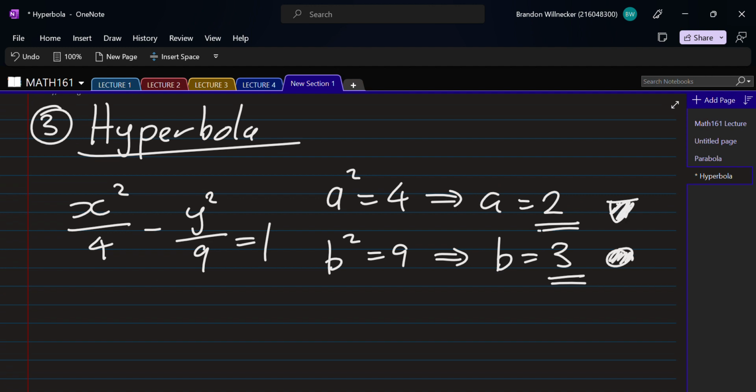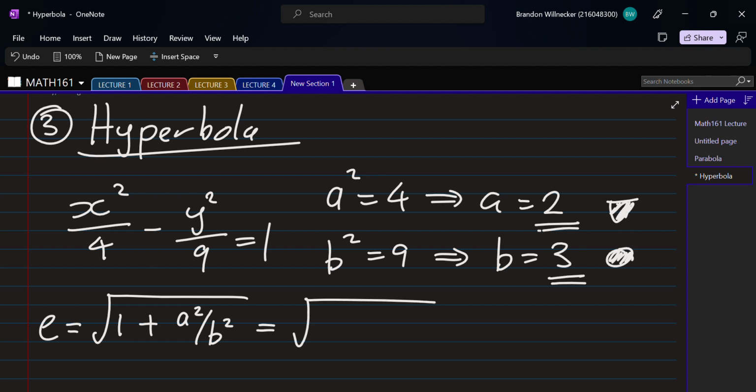Okay, let's first find the foci. So we can find it using the eccentricity. So the eccentricity here will be the square root of 1 plus a squared over b squared. So that will be the square root of 1 plus 4 over 9. Okay, and that will be root 13 over 3.